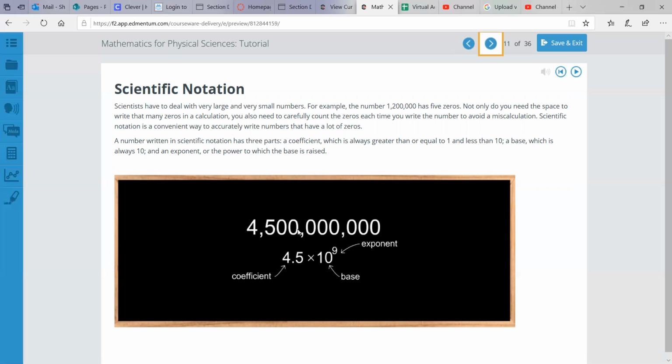So you have 1, 2, 3, 4, 5, 6, 7, 8, 9 numbers all together following the 4. Okay? This decimal place moves to the right 9 times because that is the power here. All right? We'll look at some examples.